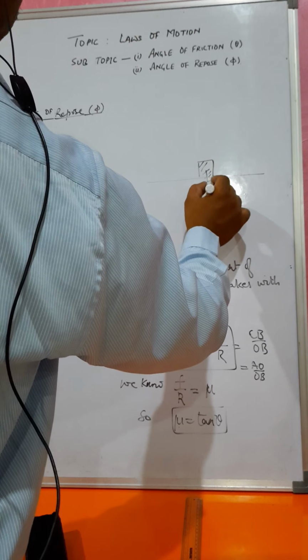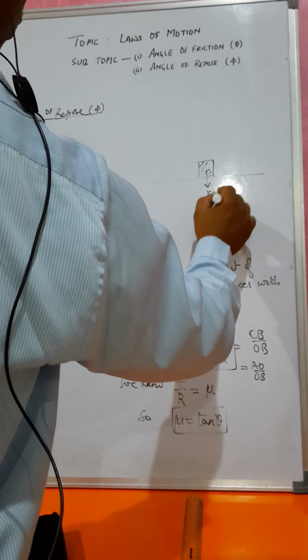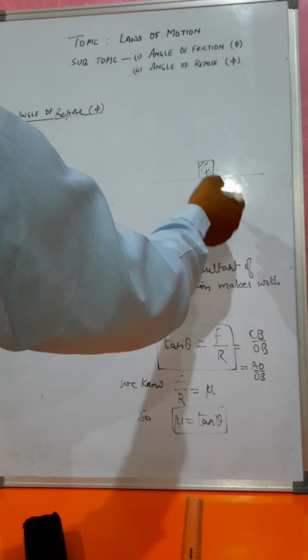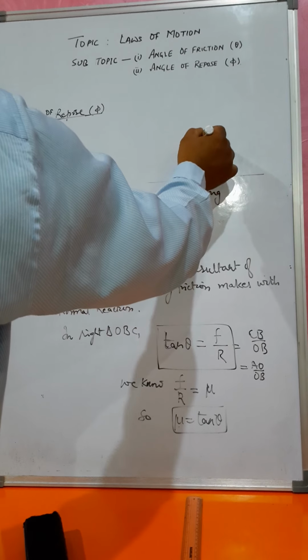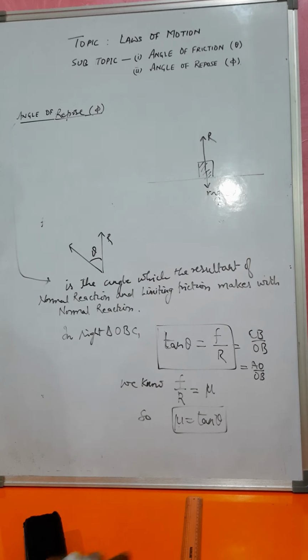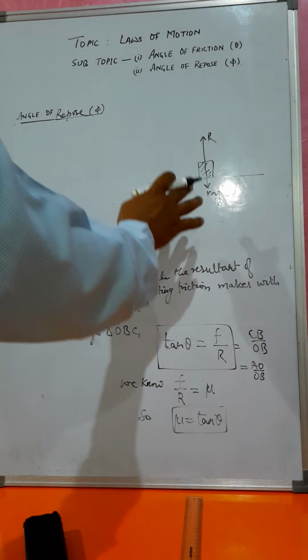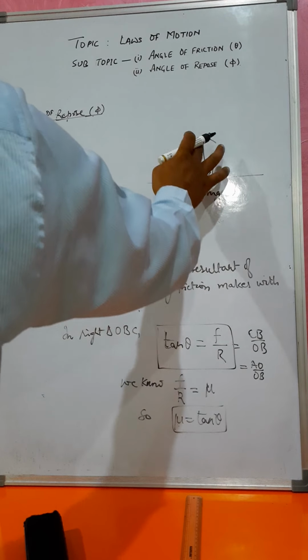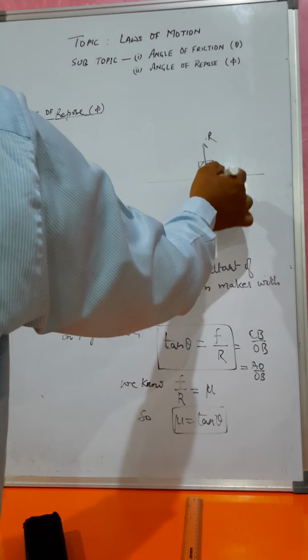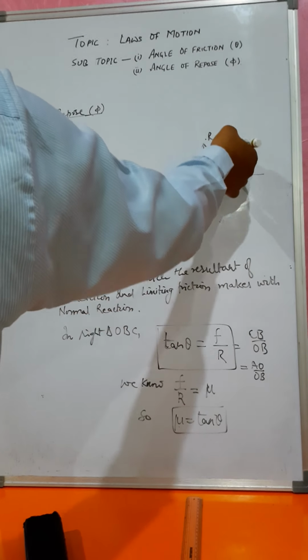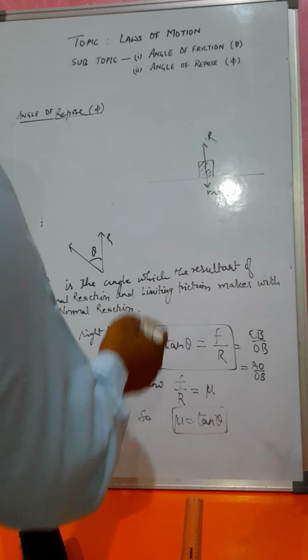Say this body is of mass m, so the weight will be equal to mg and the normal reaction will be R. Now it is balanced. It will not move upward or downward, as normal reaction is balancing the mg.